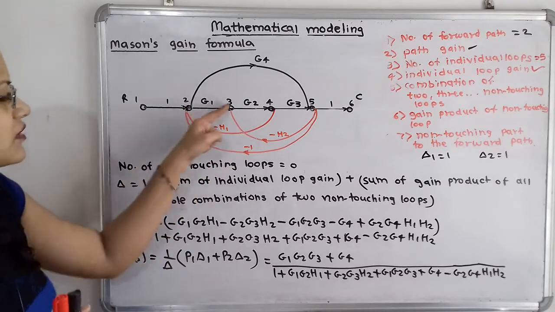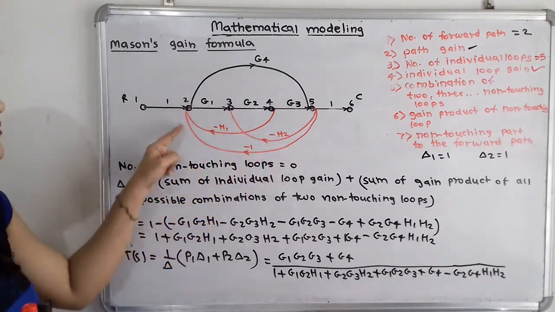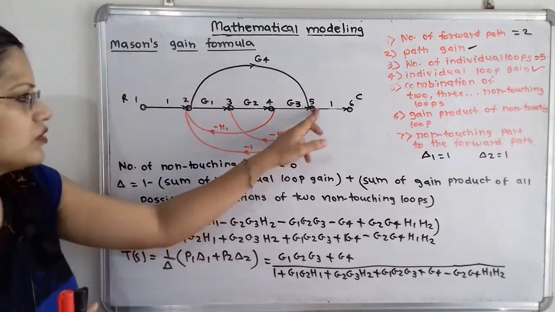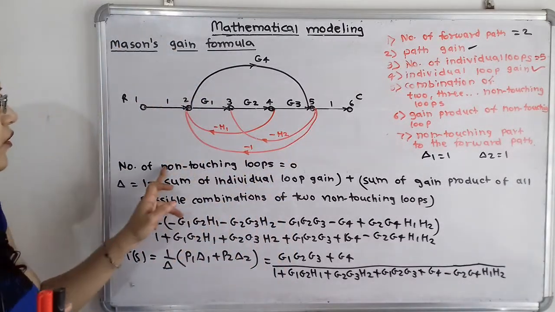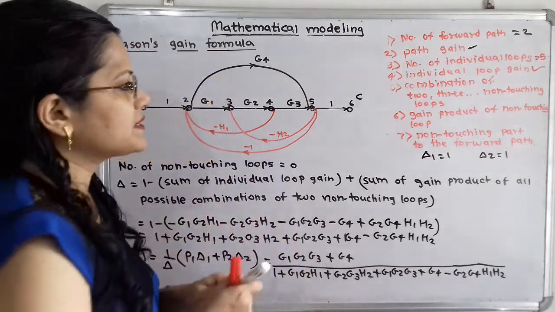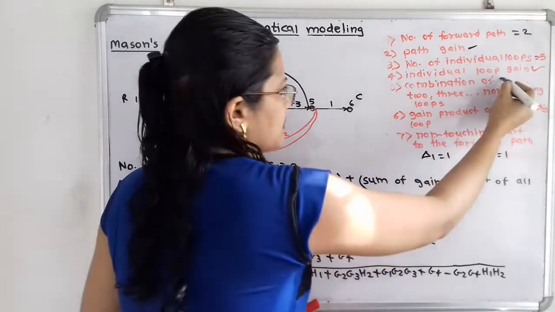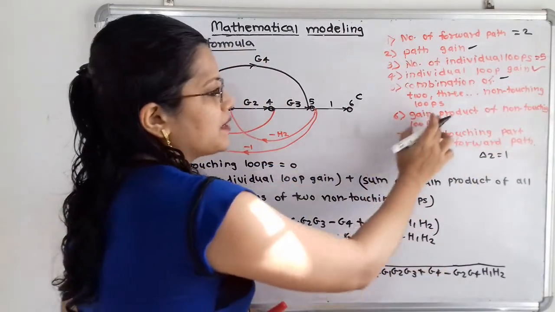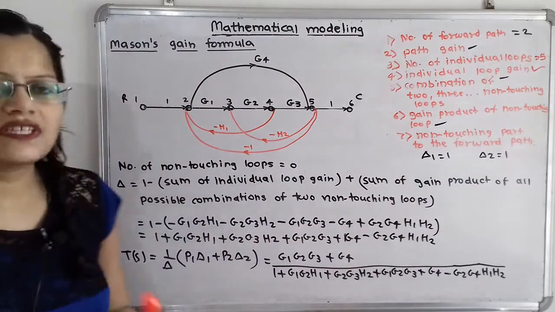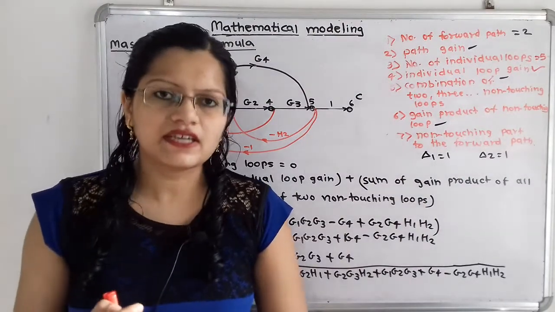So if we observe these feedback paths, then all these feedback paths are touching at particular node. So here the number of non-touching loops is equal to 0. So this fifth step is getting completed, and that's why there is no any gain product of non-touching loop. So this 6 number of steps is getting completed.